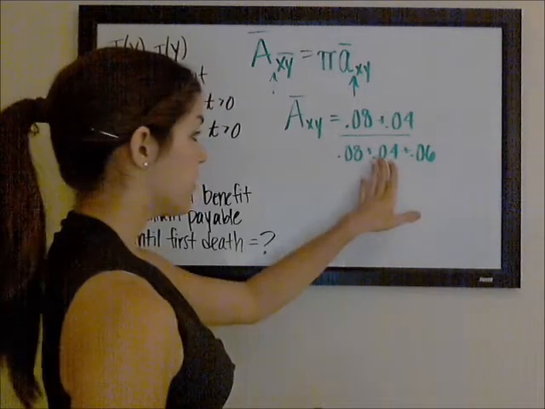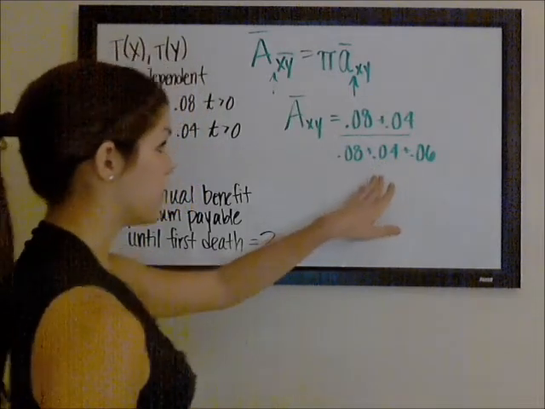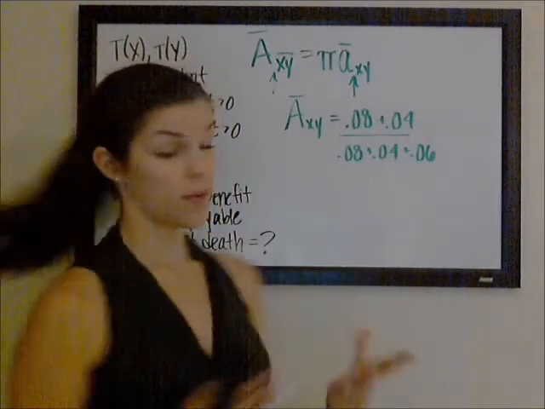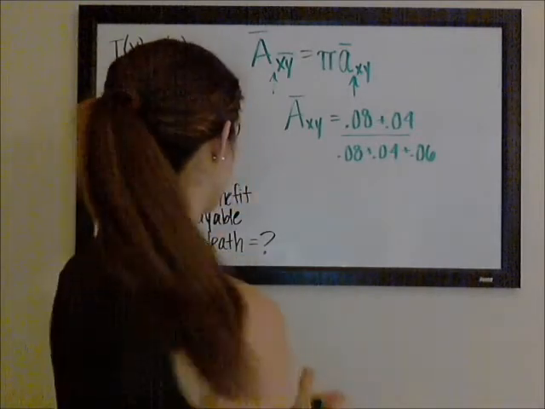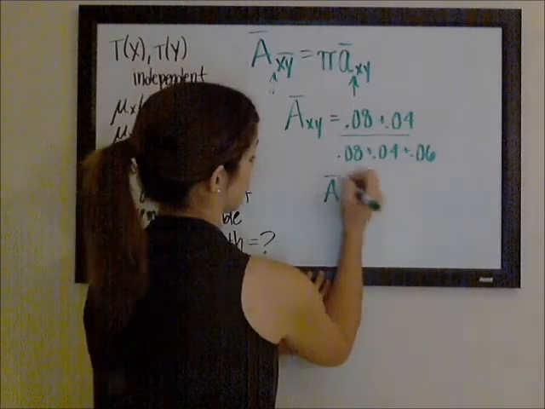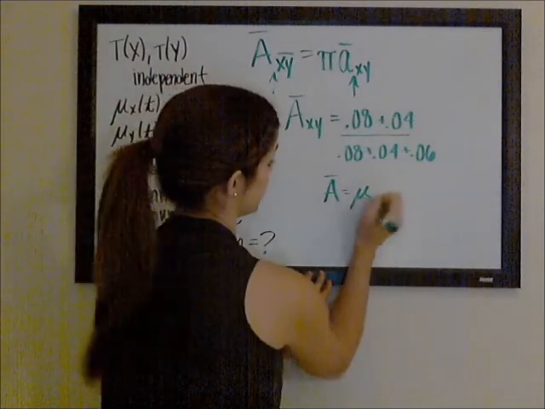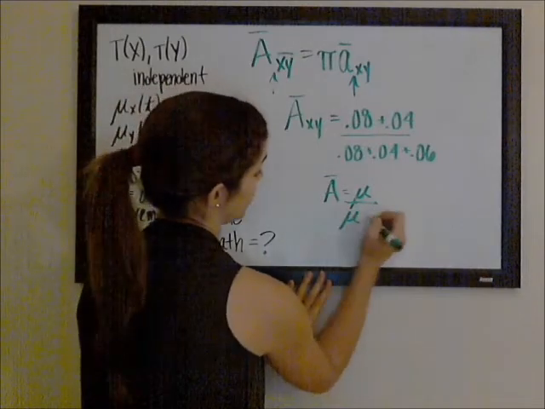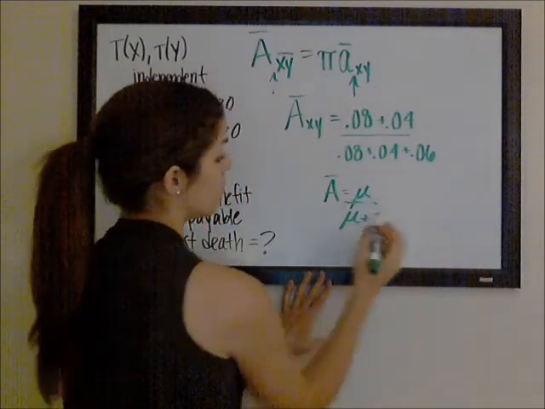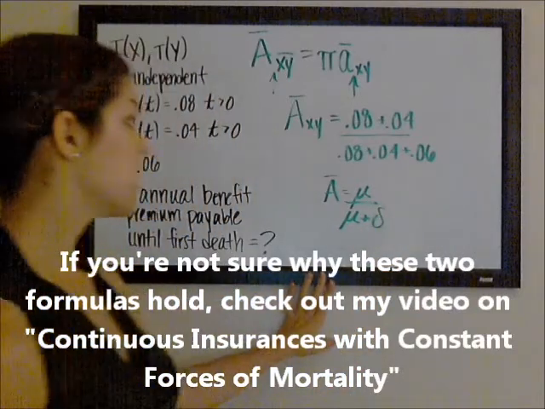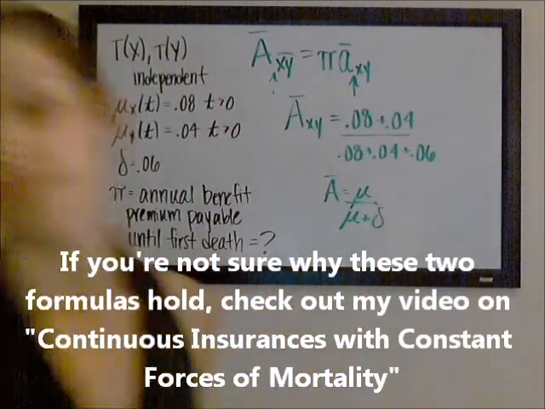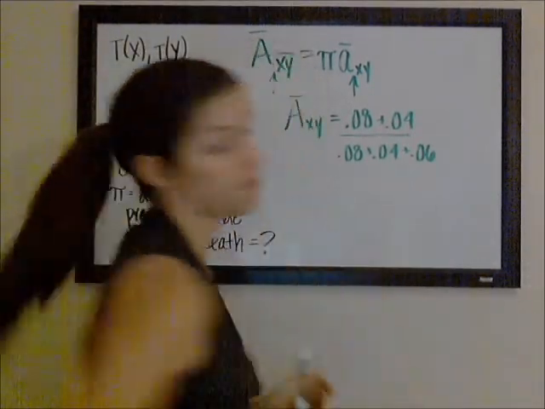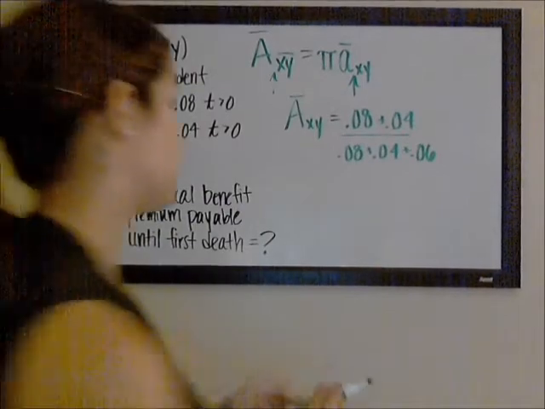So this, hopefully you recognize, is really similar to when you were working with single lives. You know, if you have a constant force of mortality, the actuarial present value of the whole life insurance payable at the moment of death is your force of mortality over your force of mortality plus delta. This is the same kind of thing, but we have two lives now, so we include both the forces of mortality.